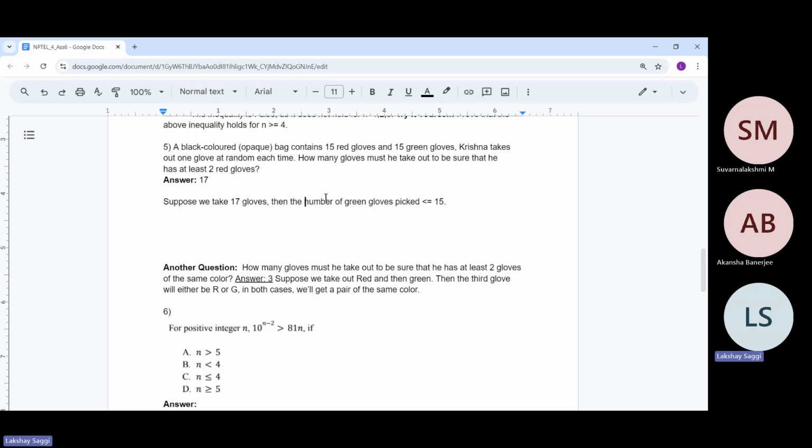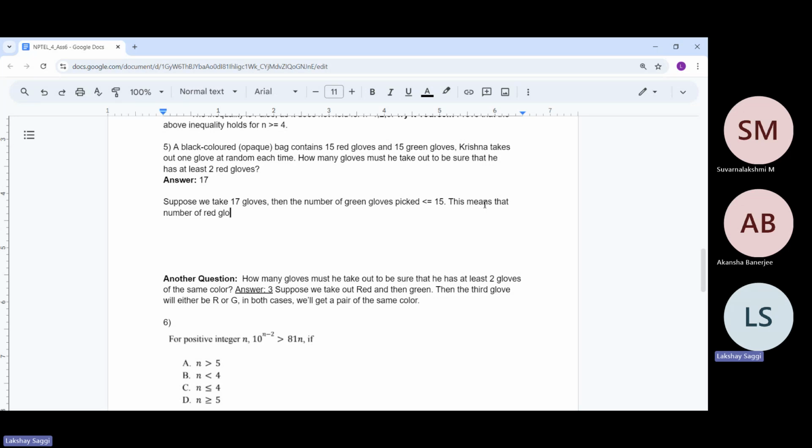And since we know that the number of green gloves plus the number of red gloves is equal to 17, the number of red gloves will be greater than or equal to 2. So if we take 17 gloves and at most 15 of them are green, then by straightforward inequality, the number of red gloves will be at least 2. And now this is an upper bound. If we pick 17 gloves, we are sure that at least two will be red.